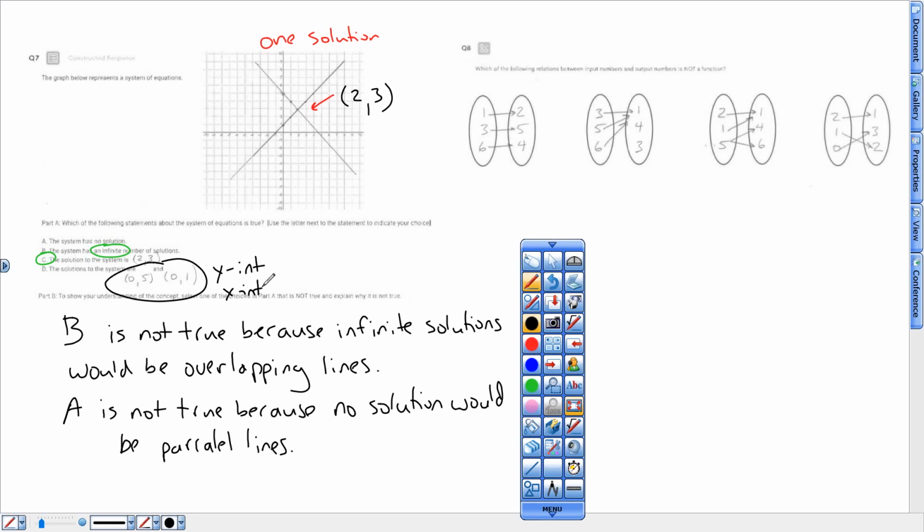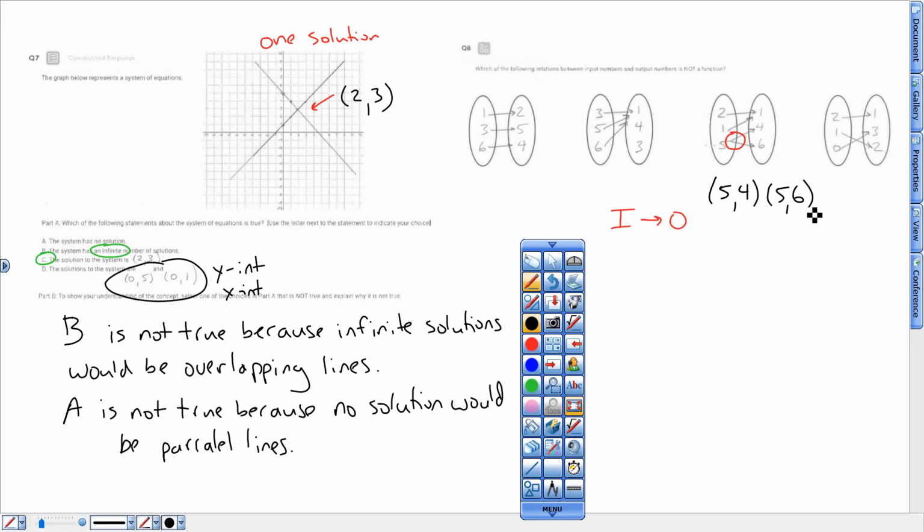All right, next, number 8. It says, which of the following is not a function? You're looking for the breaking of the rule. For input, there can only be one output. For every input, only one output. For these, if I could identify a number with 2 arrows shooting out of it, that's like a coordinate being 5, 4, and then another one being 5, 6.